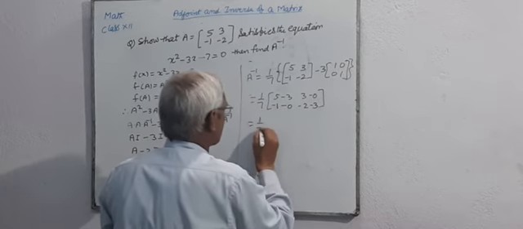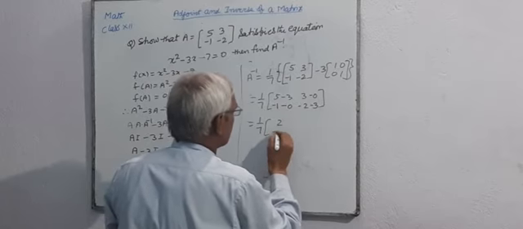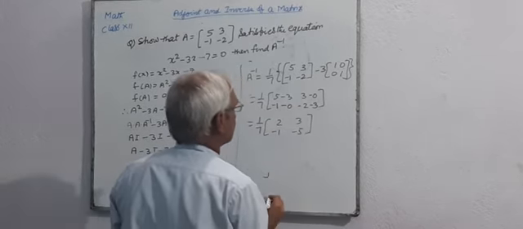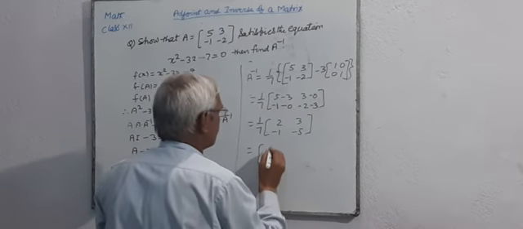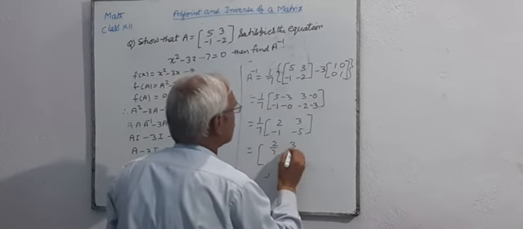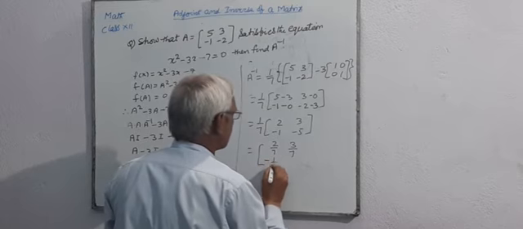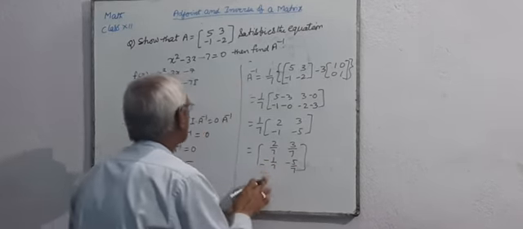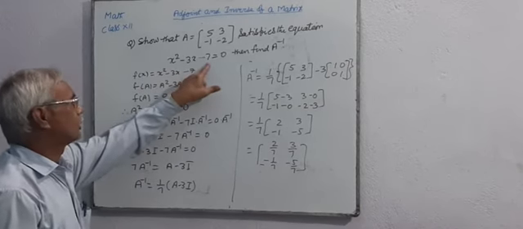We get 1/7 of 2 3, minus 1 minus 5, which equals 2/7 3/7, minus 1/7 minus 5/7. This is A inverse using the given condition.